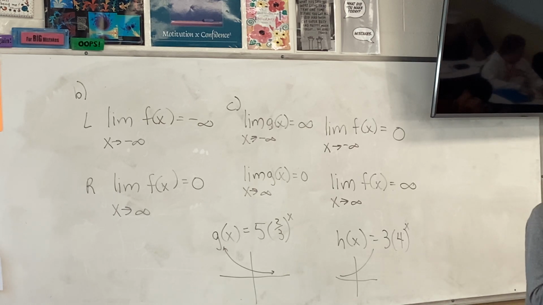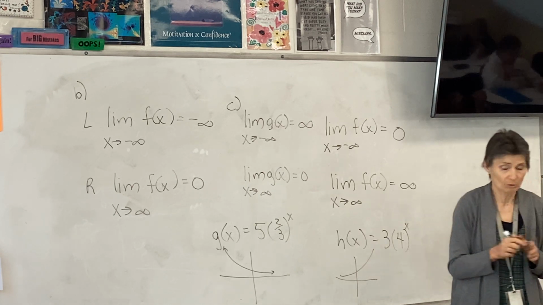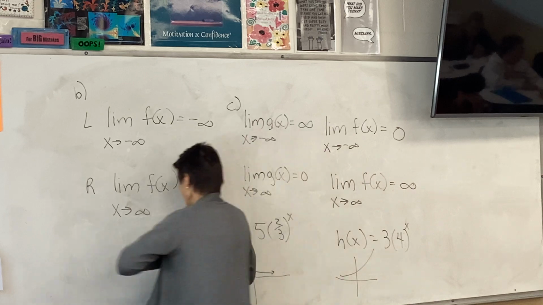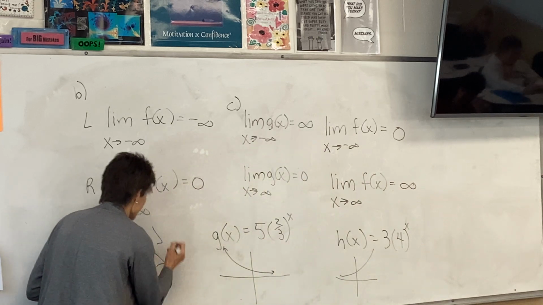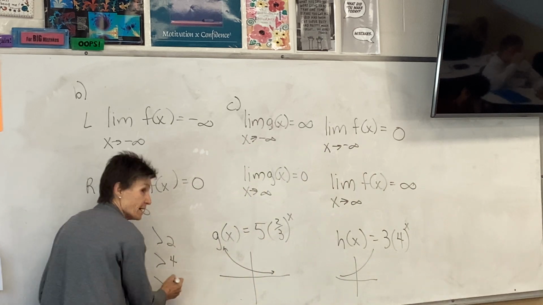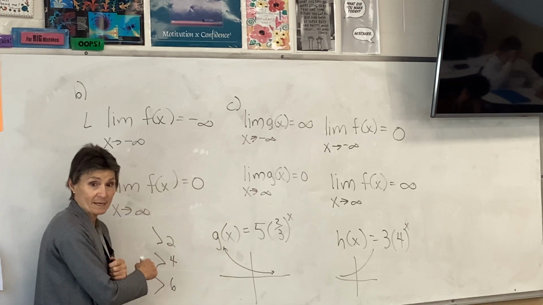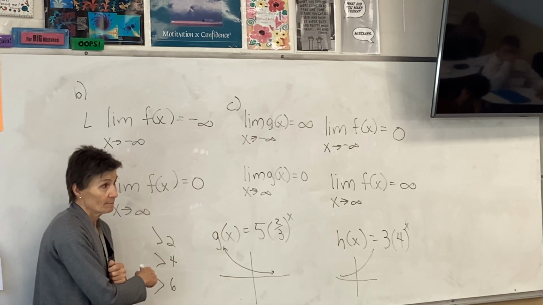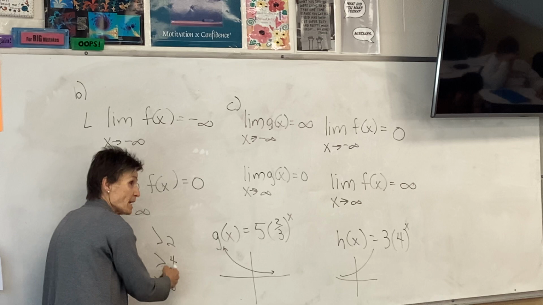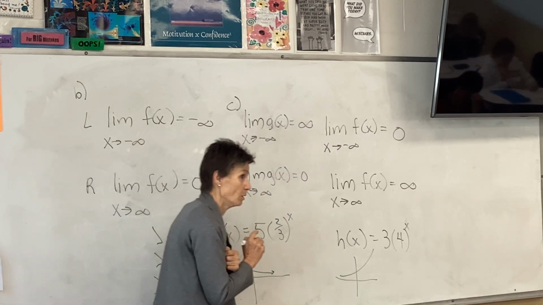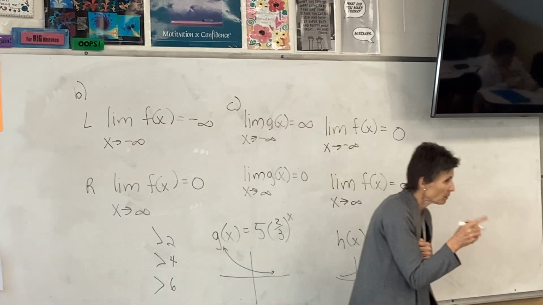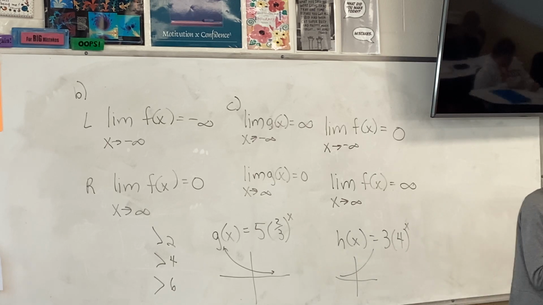If those numbers were all the same, we would be linear. If you were finding those changes and it was 2, 4, 6, then that would be quadratic. But when these changes are proportional, that is, you keep multiplying by the same thing, then you're exponential.